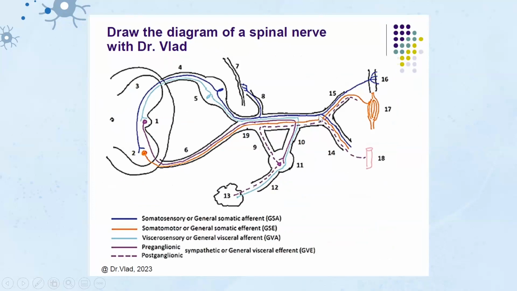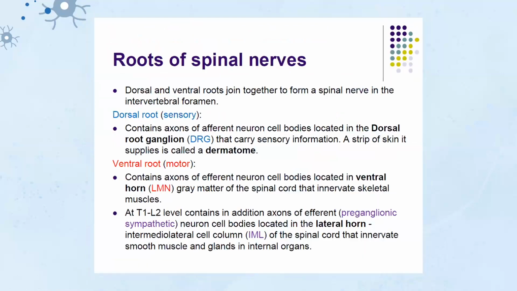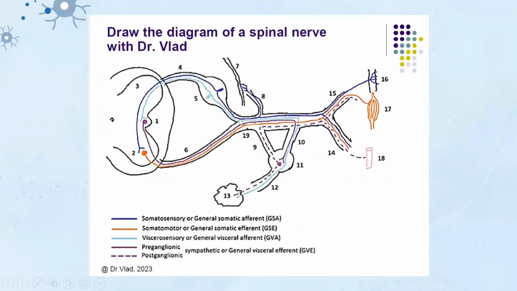So this is after they give off branches to the gray and the white communicant rami. They form the ventral primary rami and the dorsal primary rami.